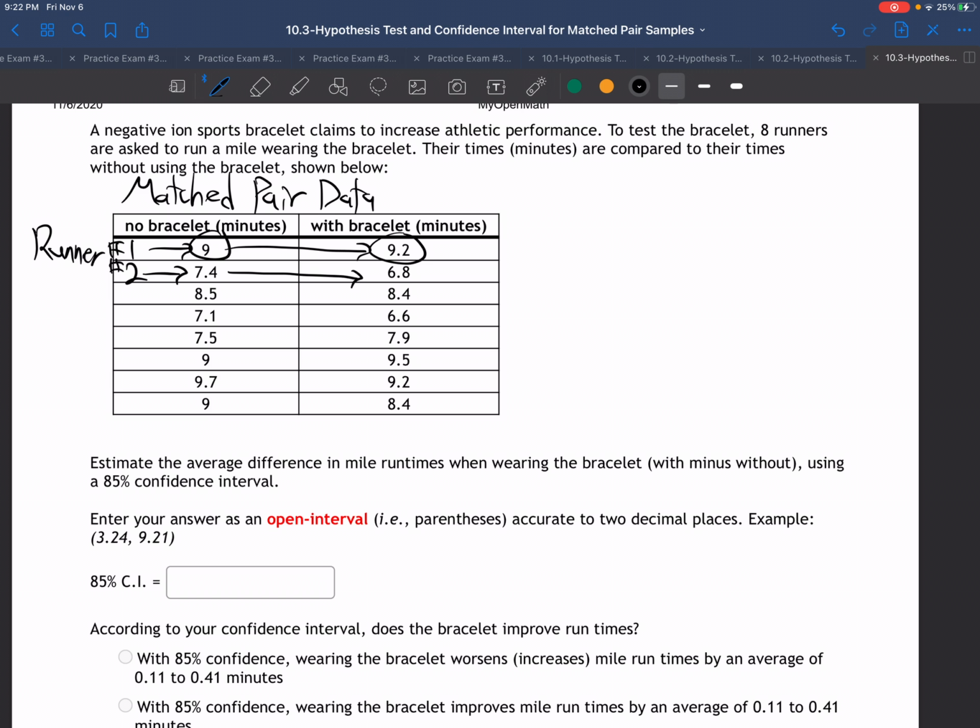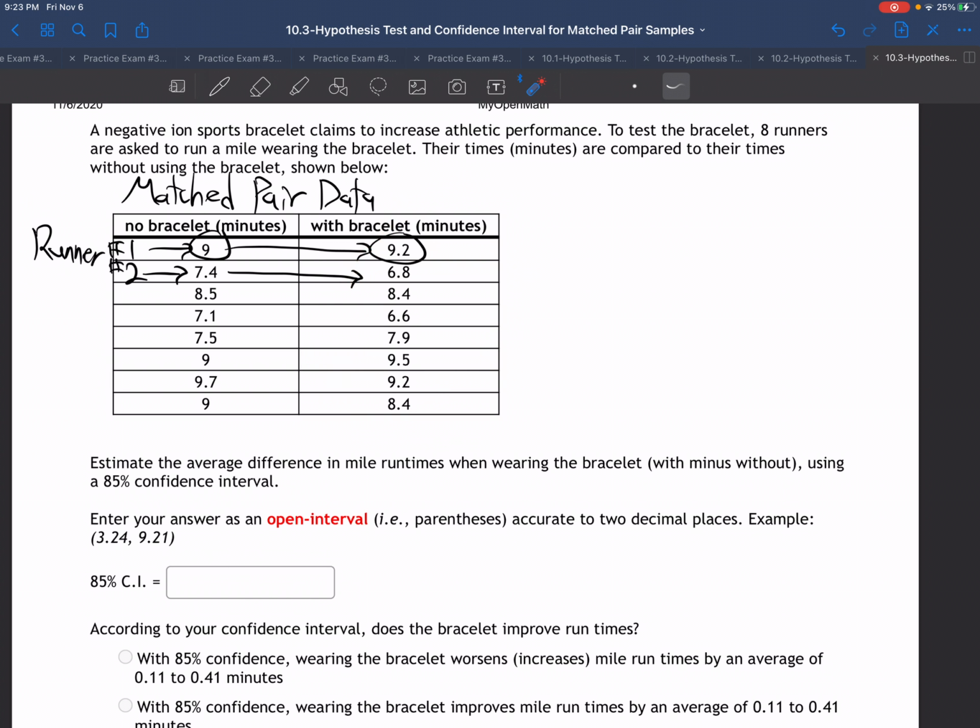It's not like these are just 8 runners at random, and these are a different 8 runners. They could have done the test that way, but that wouldn't be a very good way to test the bracelet, would it? Having 8 random runners run with no bracelet, and then a different 8 runners with a bracelet would be a bad way to test it.